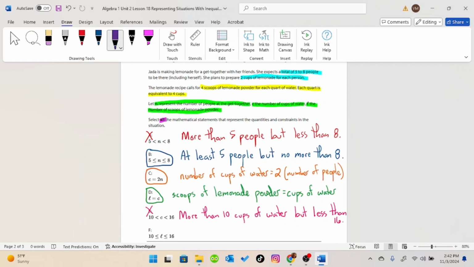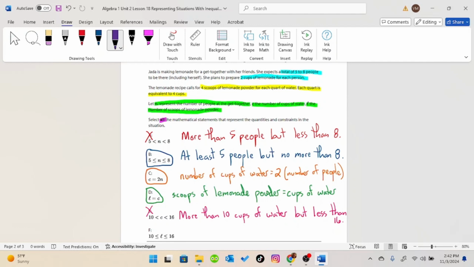And finally, F says L, which is the number of scoops of lemonade powder, is going to be at least 10, but no more than 16. And we said the scoops of lemonade equals the cups, and it's going to be 2 cups per person.